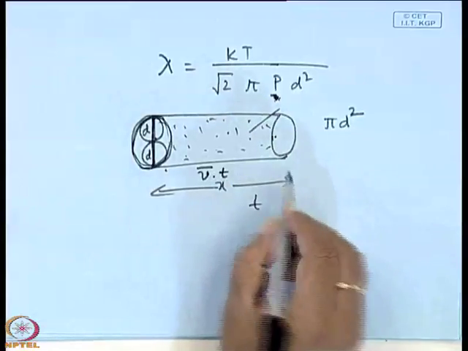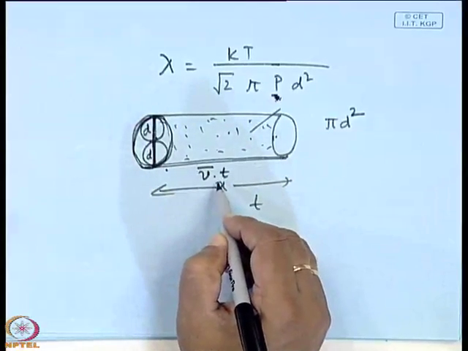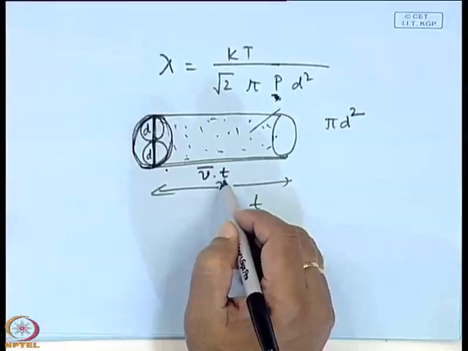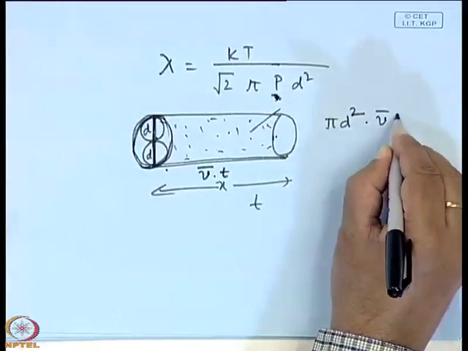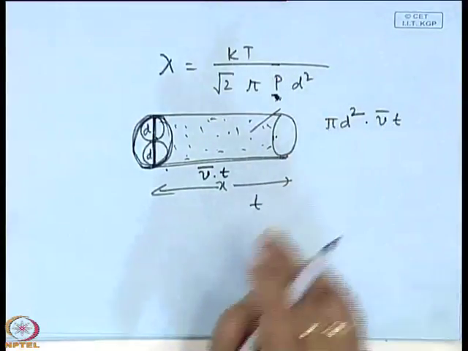This area will be pi d square, and if the velocity is v bar and time is t, so the distance is v bar into t. So, multiplied by v bar t, that is the volume.